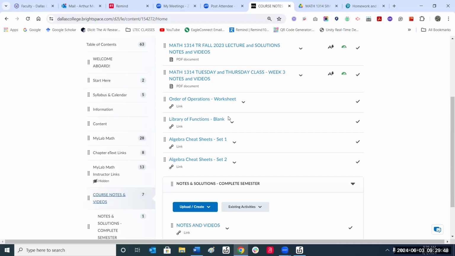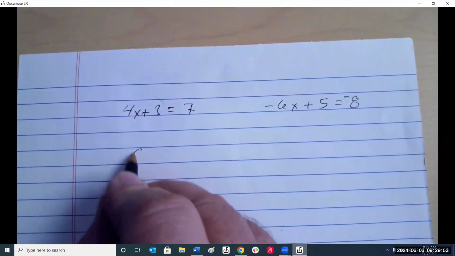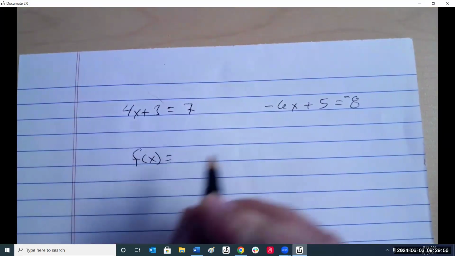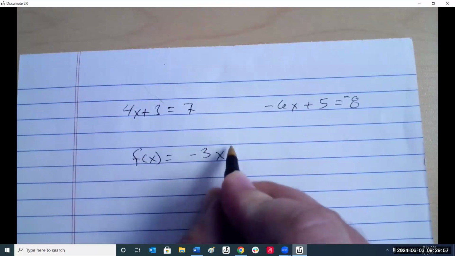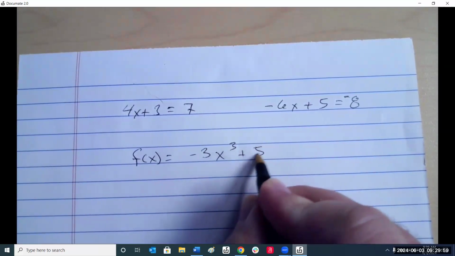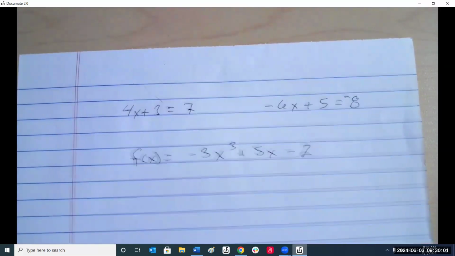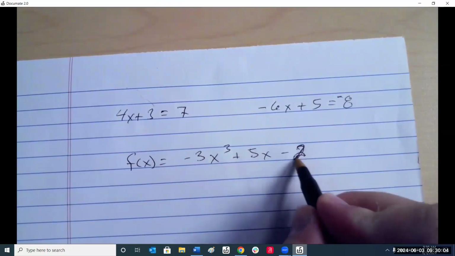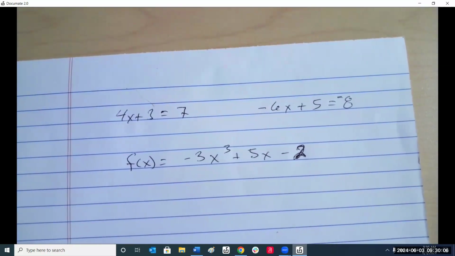Everything in mathematics. If I give you an equation that looks like this, what's that going to look like? Can anybody tell me?